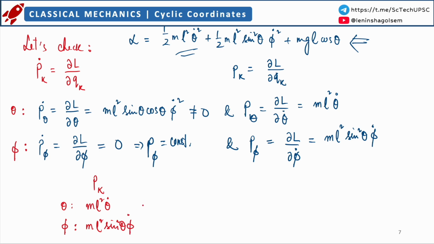So this one, p theta, is not a constant of the motion, but this one, p phi, is a constant of the motion.